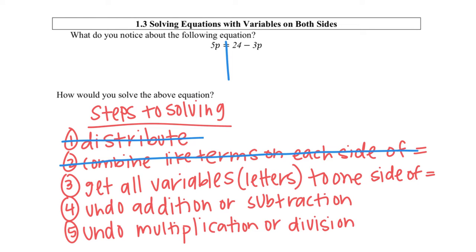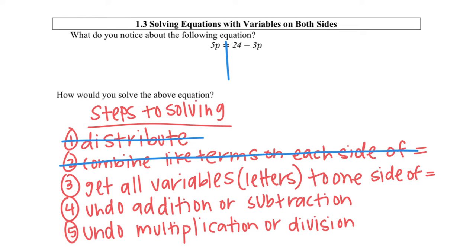If I look at my equation, I have a p on the left side and on the right side. So I want to get my letters all to one side of my equation. So basically, I want 0 letters on one side. Let's say I want to move all my letters to the side with the 5p.